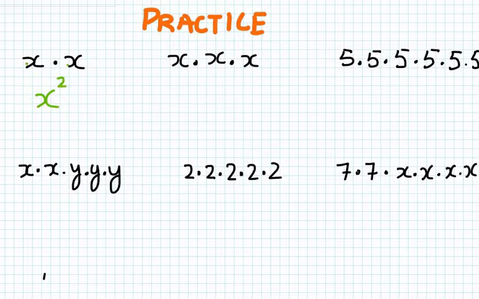So again, let me remind you, this is known as base. This is multiplied to itself, and this is the power, and it tells us how many times x is multiplied to itself. Now let's move on to the second question, x into x into x.